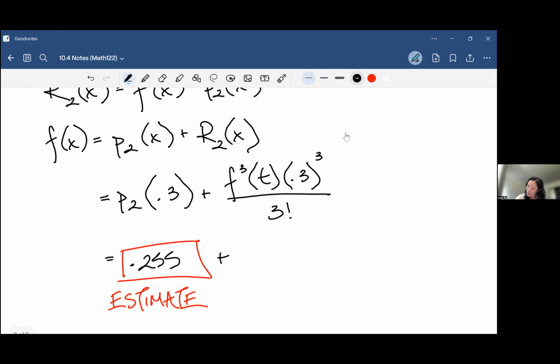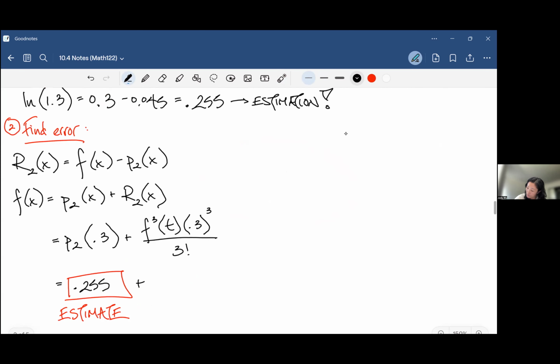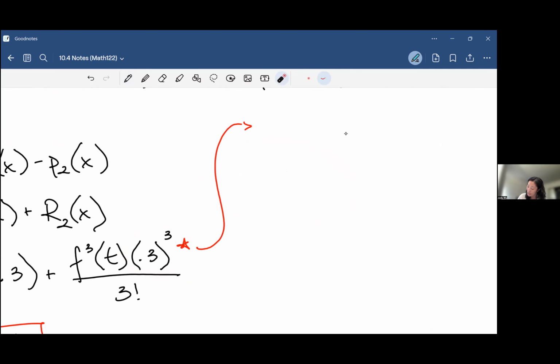So I'm going to do a little bit of work off to the side here. Let's leave ourselves a little trail. I know I can do 0.3 to the third on a calculator, and I can do 3 factorial on a calculator, but what I need to find is the third derivative of the function that I'm looking at.